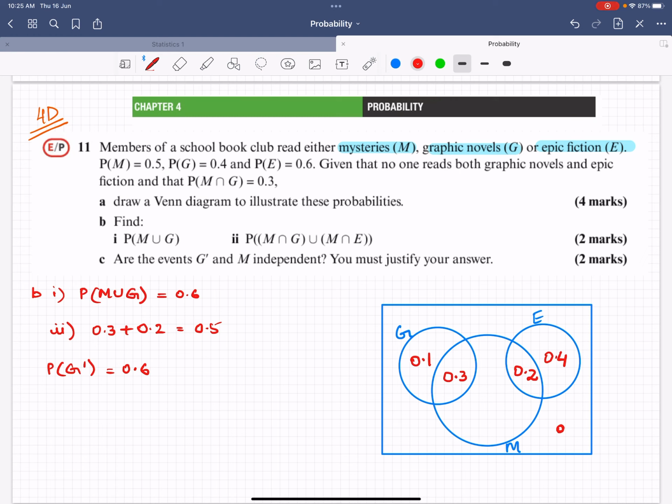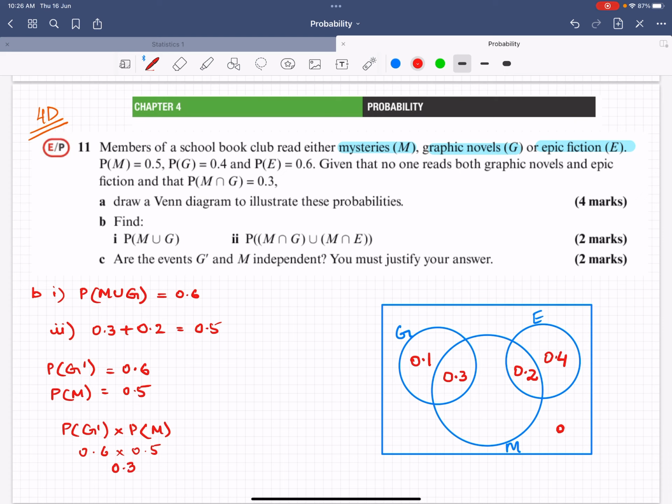And probability of M is 0.5. Now two events are independent when we multiply them, so probability of G complement into probability of M. We multiply them and we get 0.6 into 0.5, which is 0.3.